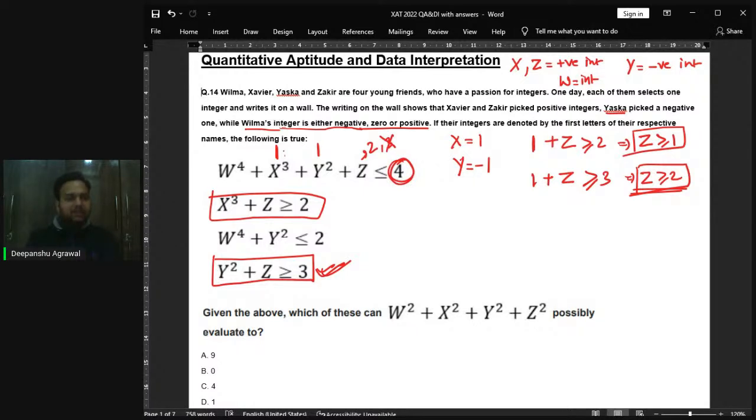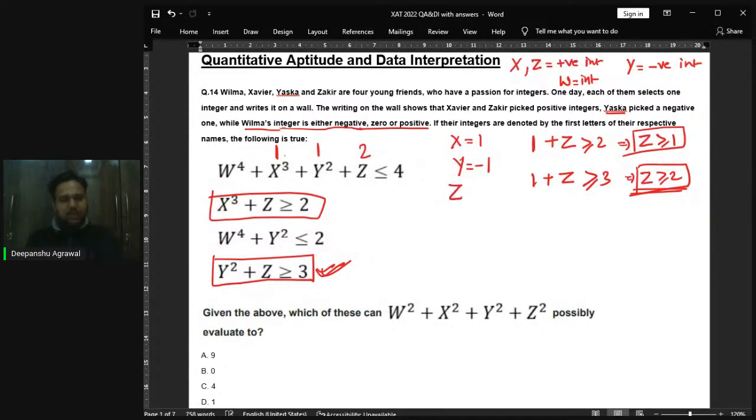If z has the value 3, it will go beyond 4. It will reach 5 at least, depending on the value of W to the power 4 as well. So from here, the value of z would be 2 only. So we have finalized the value of z as 2.